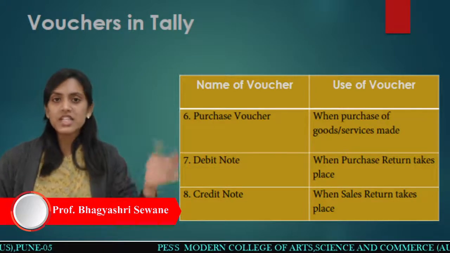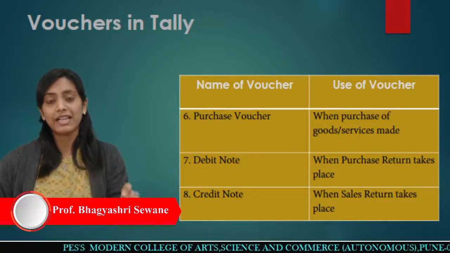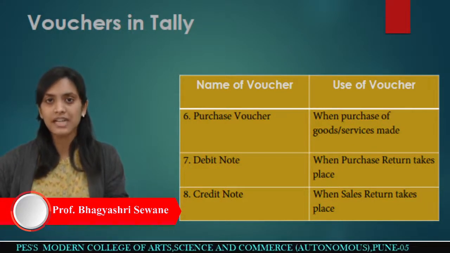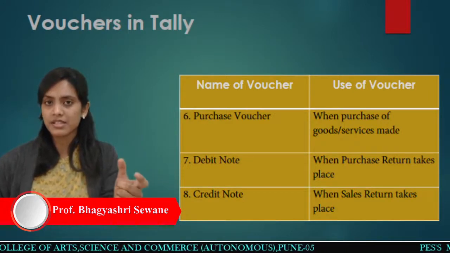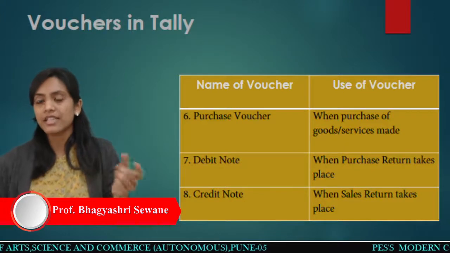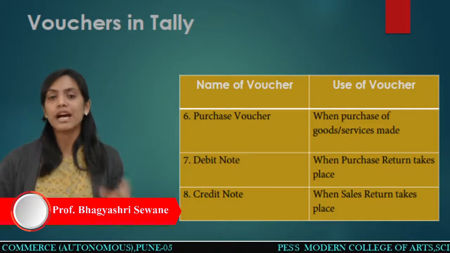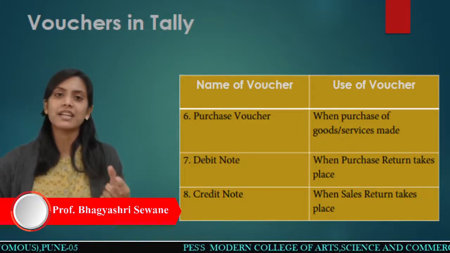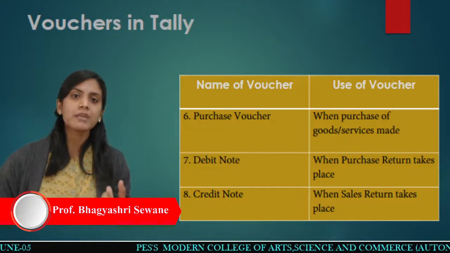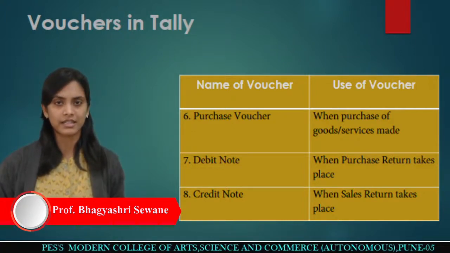And when the purchase return is there, you have to give the exact opposite effect to that particular account, right? When it is a purchase return, that purchase account is debited in case of purchases, and when it is a return, then you have to nullify that effect by giving a credit. You have to reverse that effect, and that's why it is called a debit note. So in that debit note, you have to enter the purchase return transactions, okay?